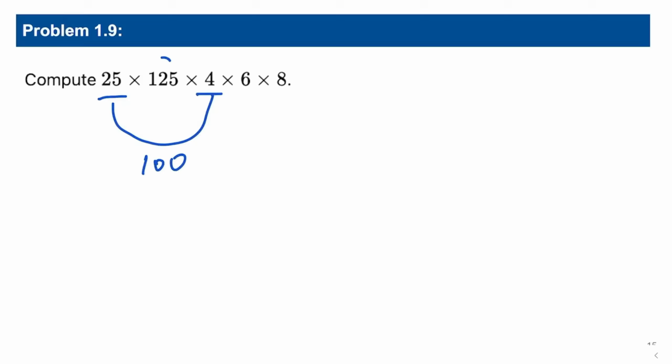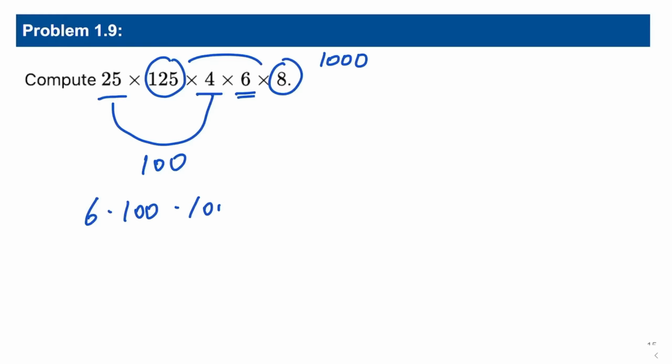If we multiply 125 and 8, we get 1,000. And then we have 6. So this product is 6 times 100 times 1,000, which is 600,000. This is so much easier. You see, the associative property of multiplication can be very useful.